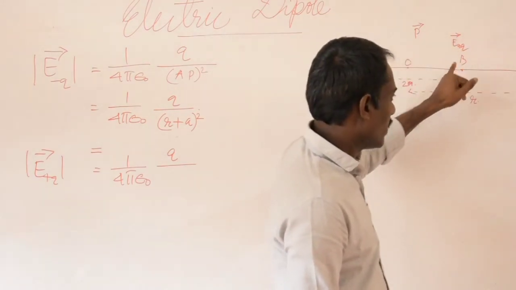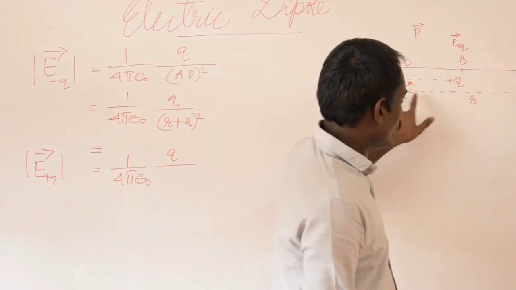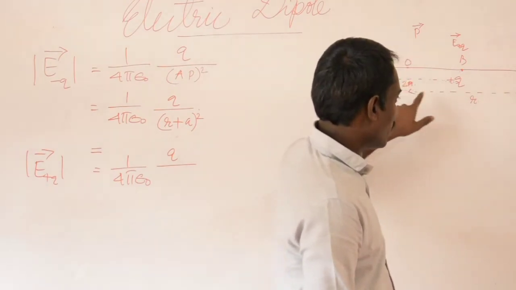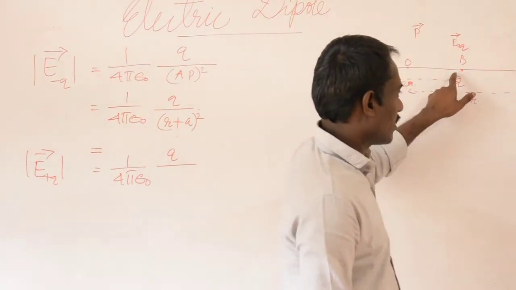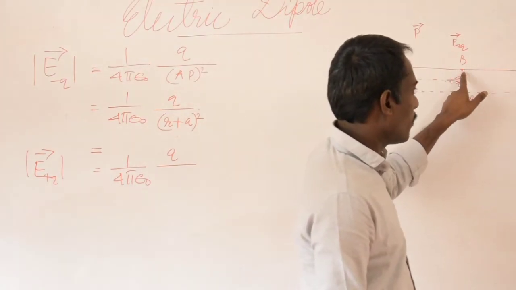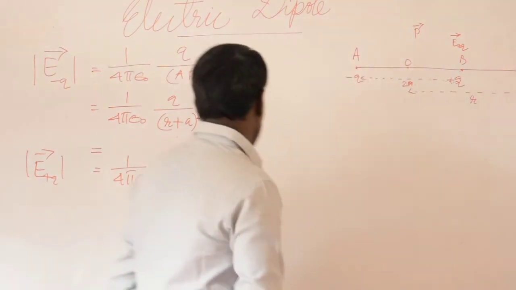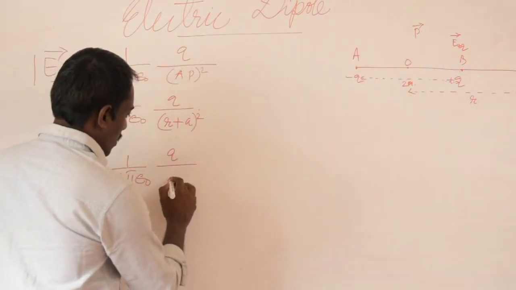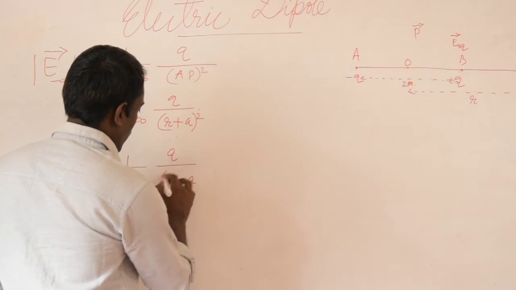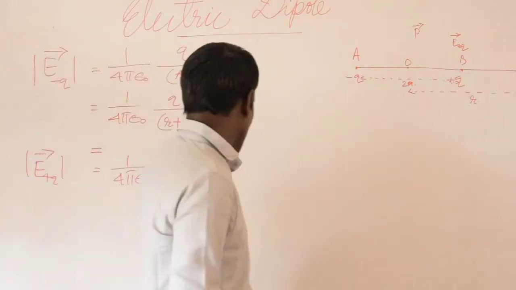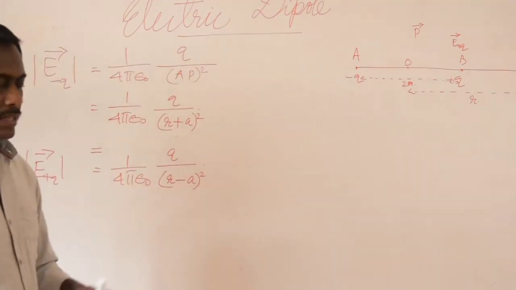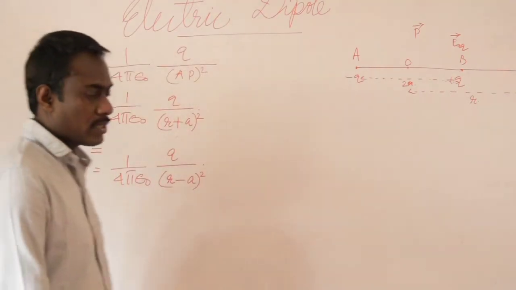Then O to P is R, so if we subtract the distance A from R, we get the distance between B and P. So we write (R minus A) square. That is the magnitude of the electric field produced by the positive charge.